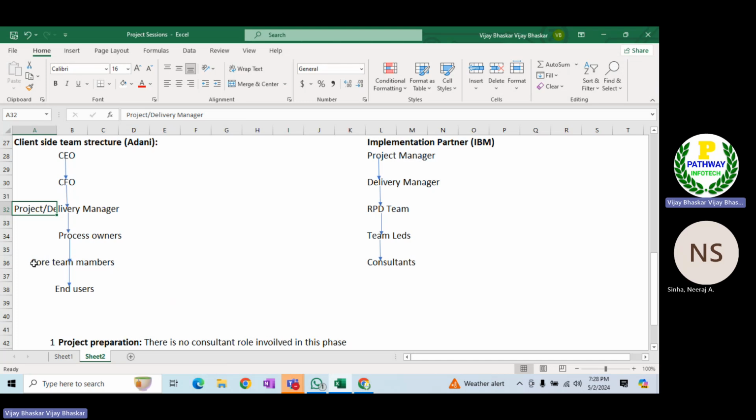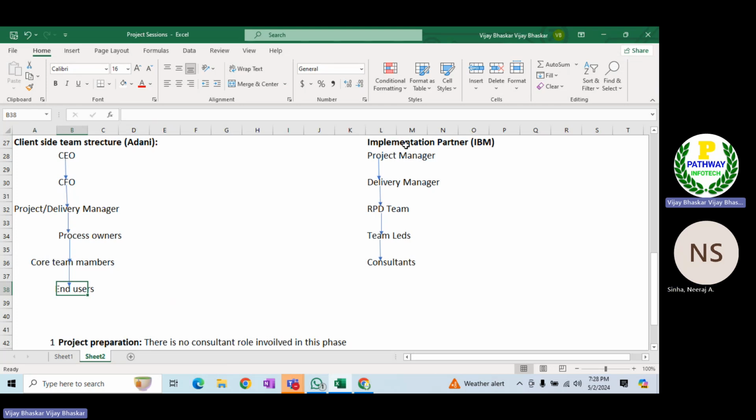How the core team members will be decided, I will explain. End users are whoever is going to key the business transactions into the system. This is the client side team structure.